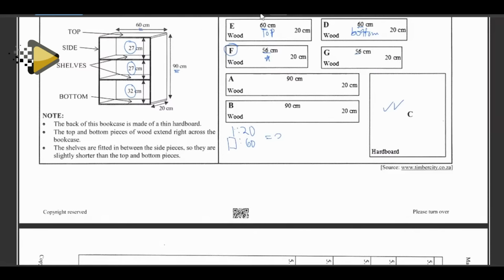Definitely it's going to be 3. 3 what? Centimeters. Then change also the height, which is 90, and you divide it by 20, which will give you 4.5 centimeters. These are the measurements that you use to redraw this on your piece of paper. First thing, change the units to the scale.